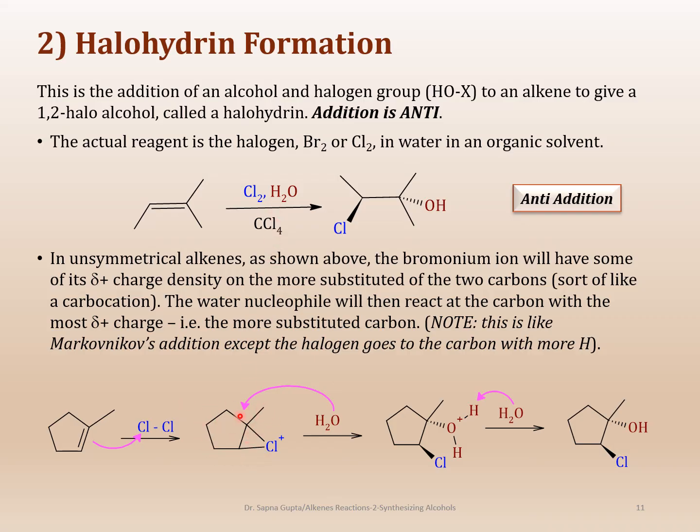So when we need to open up this chloronium ion, the water will attack instead of the chlorine. Now the water is going to attack this carbon right here. Chlorine goes to the carbon with more hydrogens. Remember Markovnikov addition.